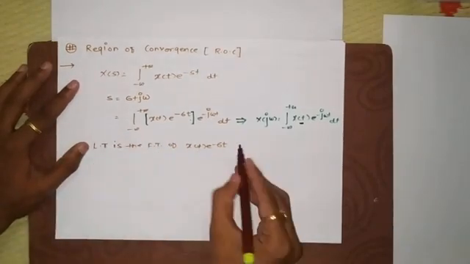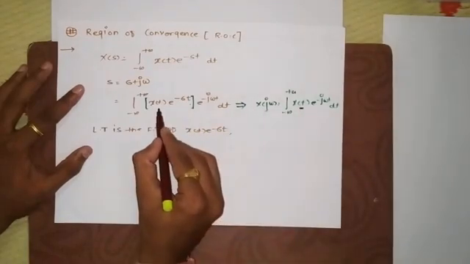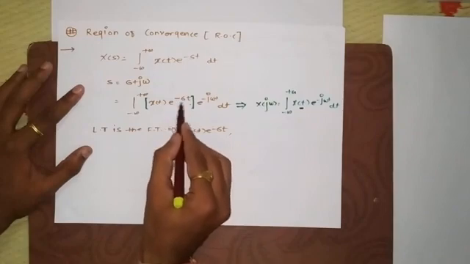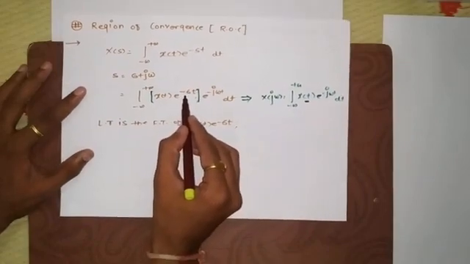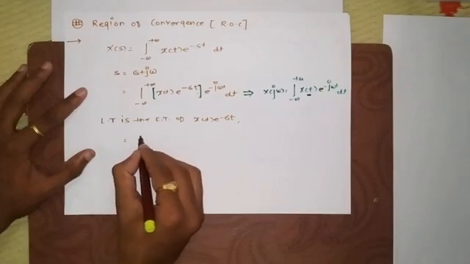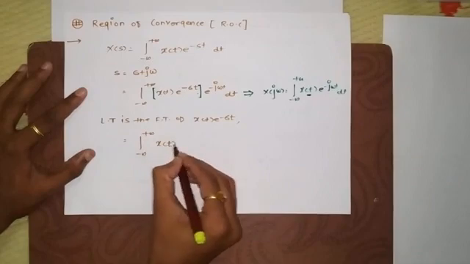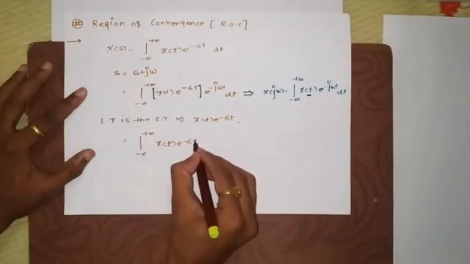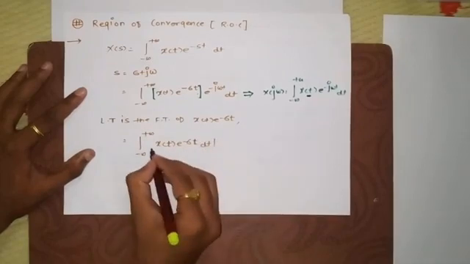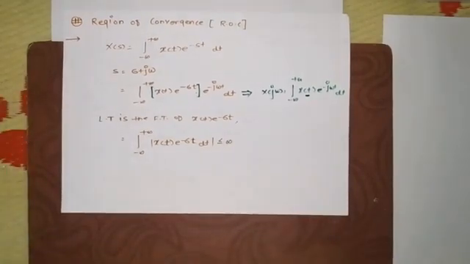And in this case the necessary condition is that x of t should be absolutely integrable. That means x of t into e raised to minus sigma t should be absolutely integrable. Therefore the necessary condition for existence is that the integral of x of t into e raised to minus sigma t dt should be less than infinity.